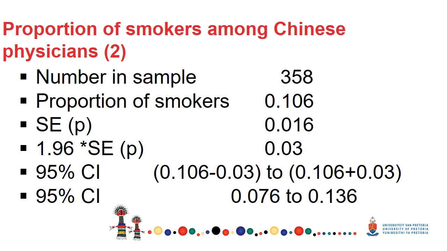If we multiply 1.96 times the standard error of P, we are multiplying 1.96 times 0.016 and we get an answer of 0.03. Therefore, the 95% confidence interval is given by 0.106 minus 0.03 to 0.106 plus 0.03, and the answer that we get is 0.076 to 0.136.